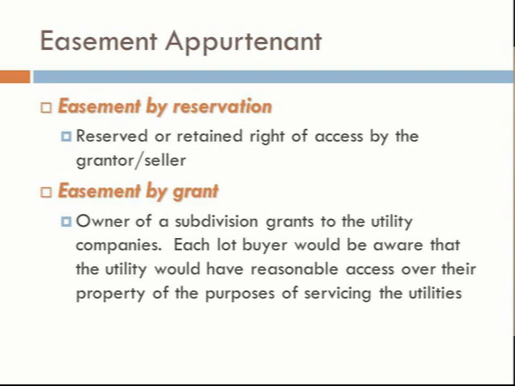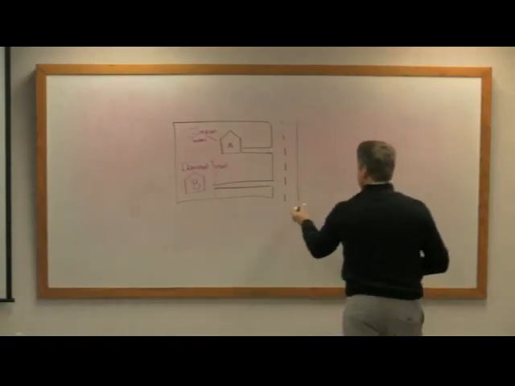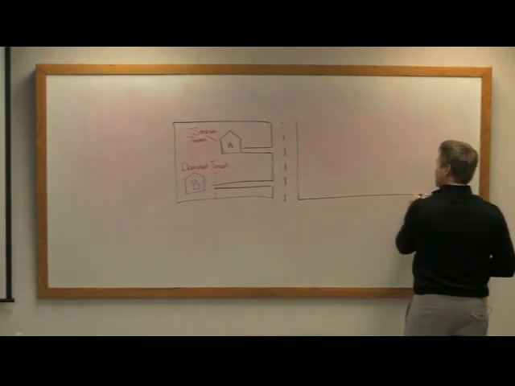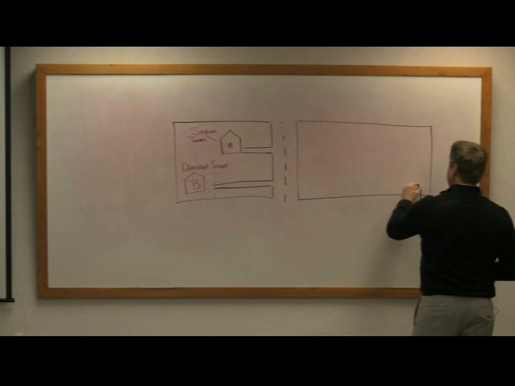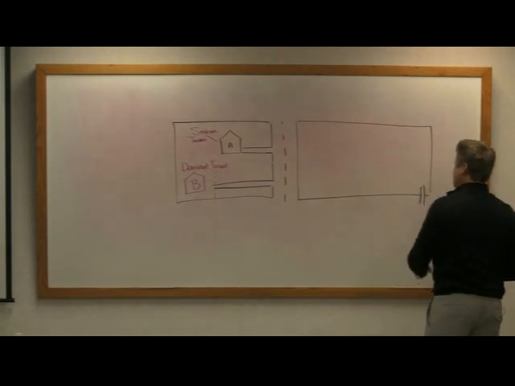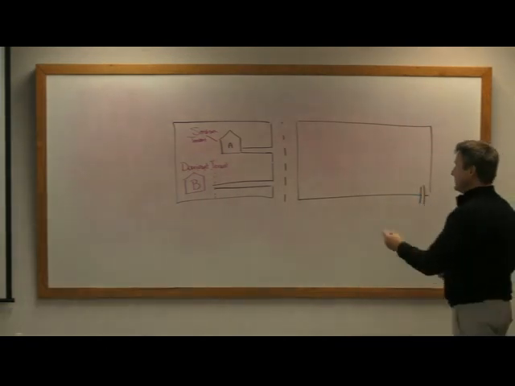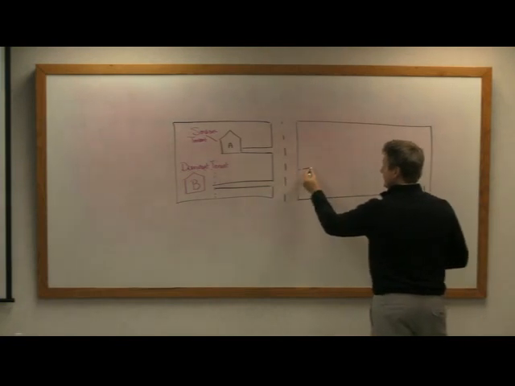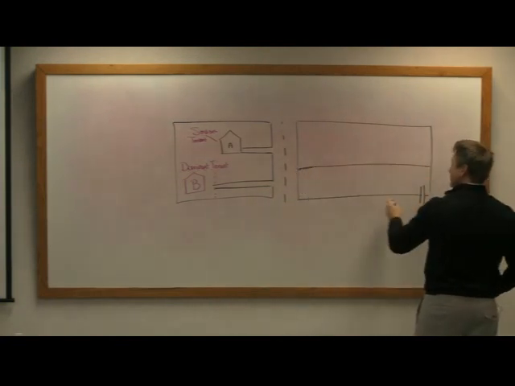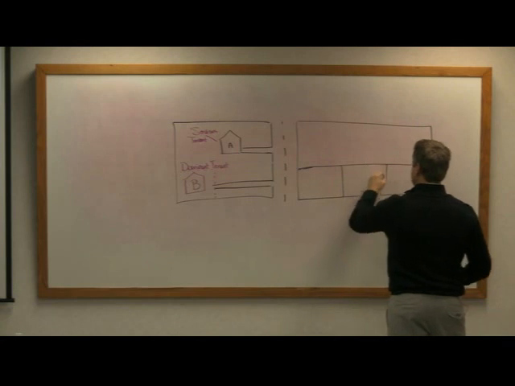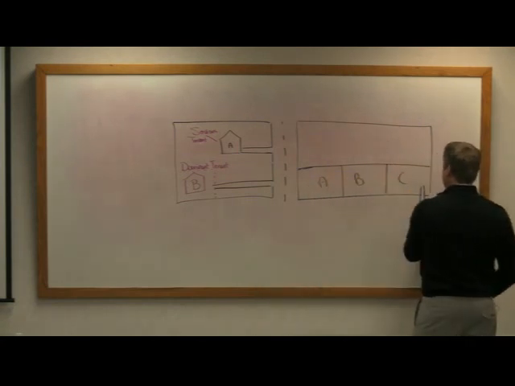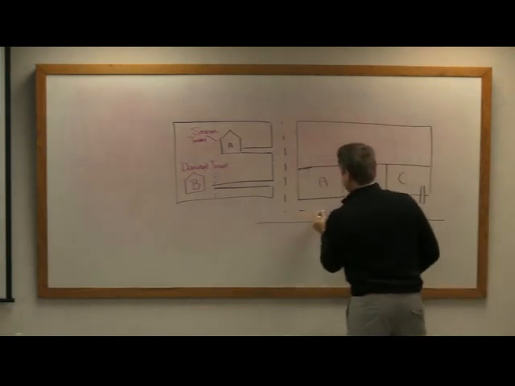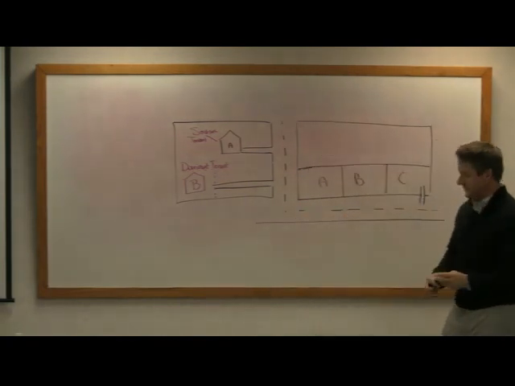And you could see that out in the country. Let's say I had a piece of property here that is landlocked, and the only way to get in is a driveway over here. And this is farm ground, and this farmer ends up selling off 3 lots that are right alongside the main road.